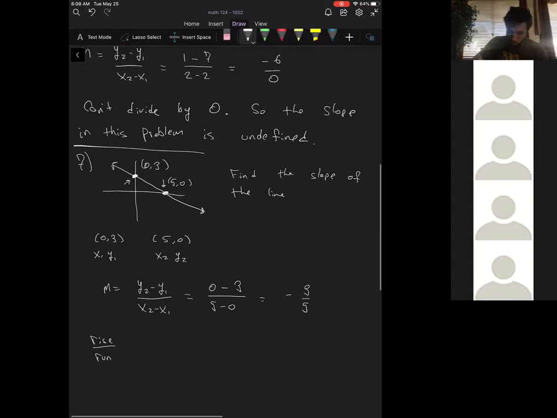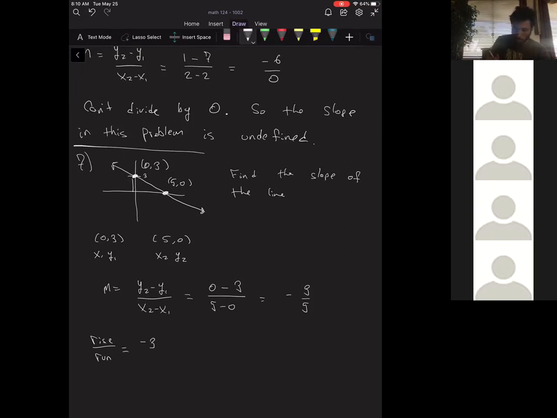We see that we have to go down, and we need to go down 3 units because this value on the y-axis is 3. So the rise is going to be minus 3 because we're moving downwards.